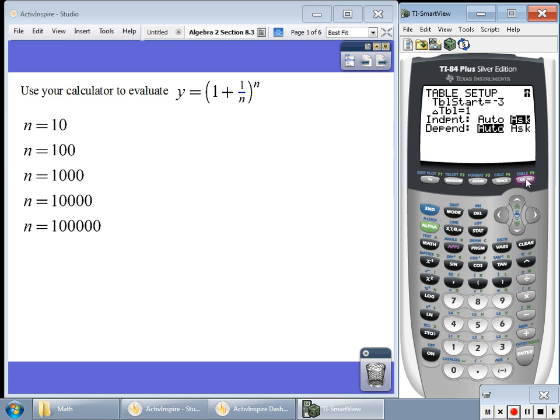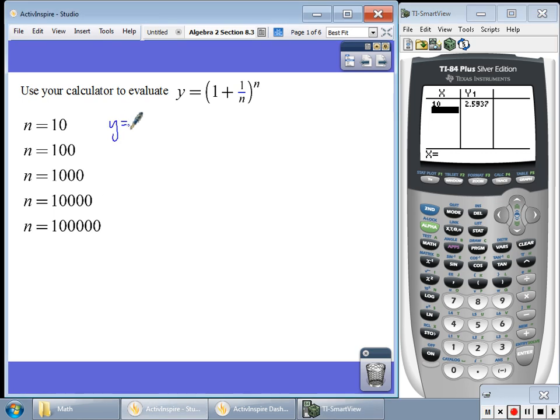So we're going to go to table. And now I want to know what is y when x is 10. So I'll plug in 10. And we're getting 2.5937. Now I want to know what is y when x is 100.